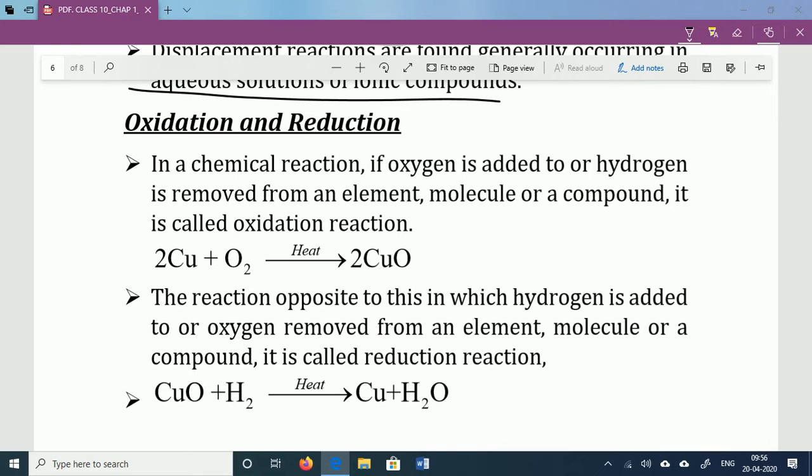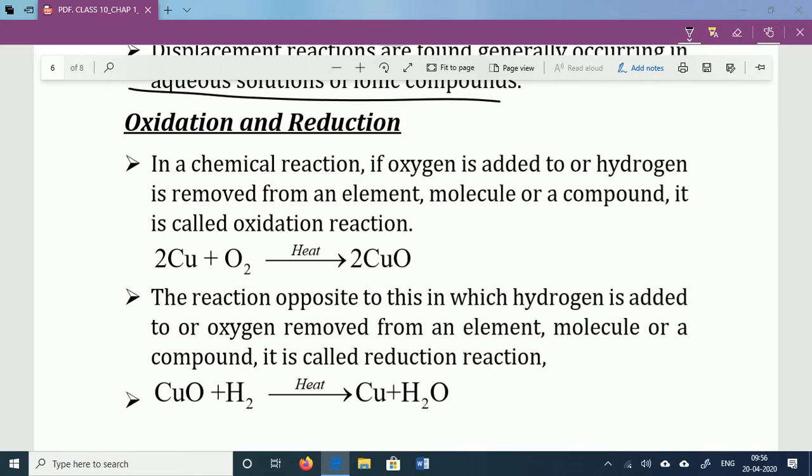Now the next and last reaction of this chapter is the oxidation and reduction reaction. I think you are familiar with these terms, oxidation and reduction. Here we will just revise these two terms. Now oxidation means what?